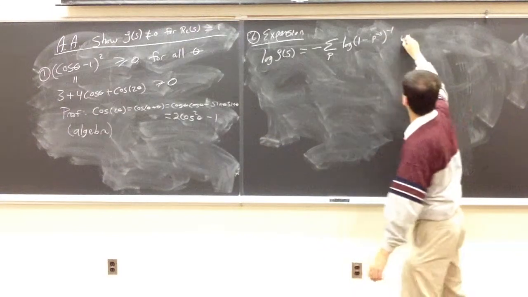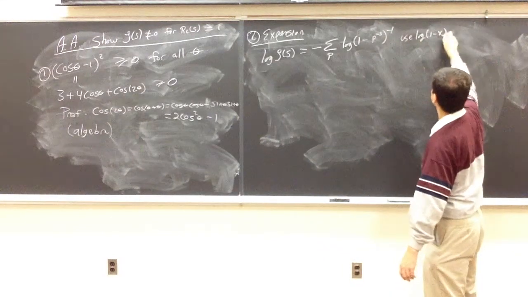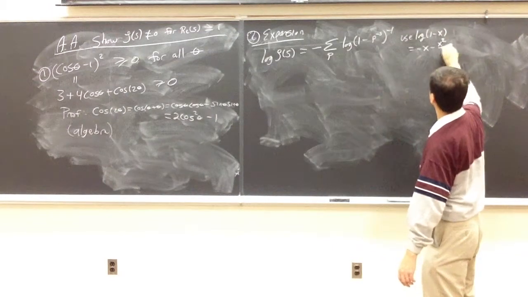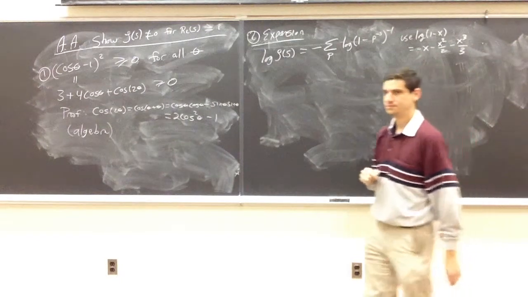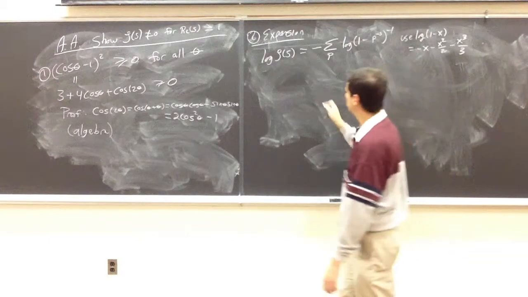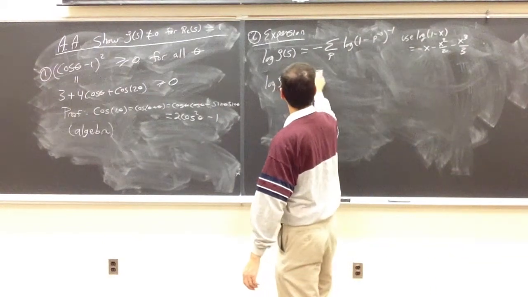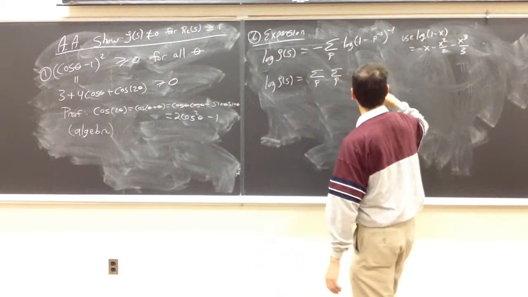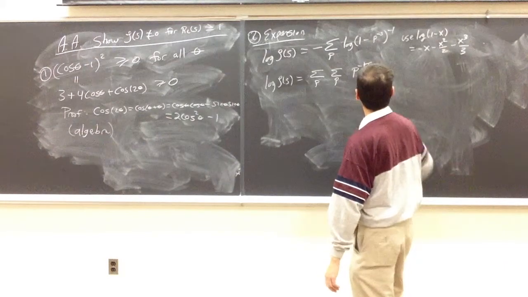We'll use the log of 1 minus x is equal to negative x minus x squared over 2 minus x cubed over 3, and so on. Oh, the minus sign is going to cancel out very nicely. And so we get the log of zeta of s is going to be the sum over primes, the sum over k, and then we'll have p to the minus ks.